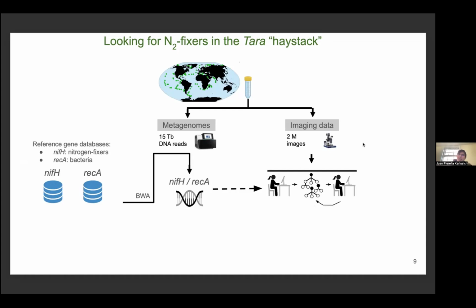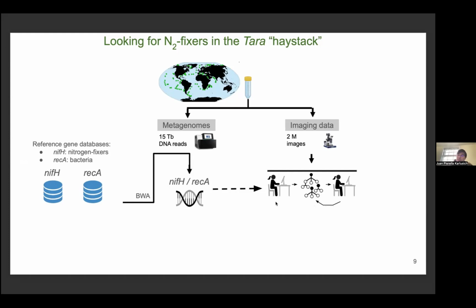So the solution here consisted of coming back to the metagenomes in order to select a few metagenomic samples in which we detected a high abundance of nifH. Let's say three samples with high nifH values, and then go to the parallel imaging samples and manually select nitrogen fixers in those samples.